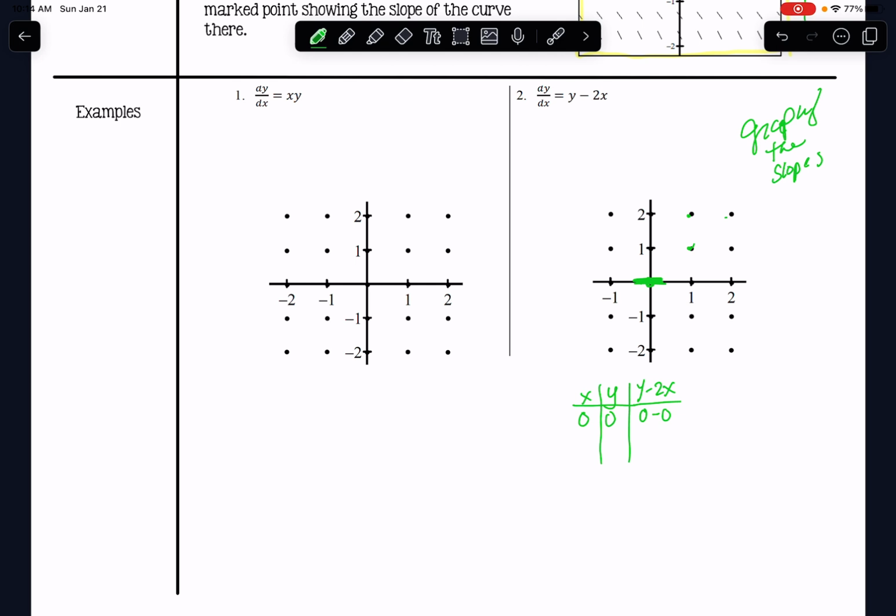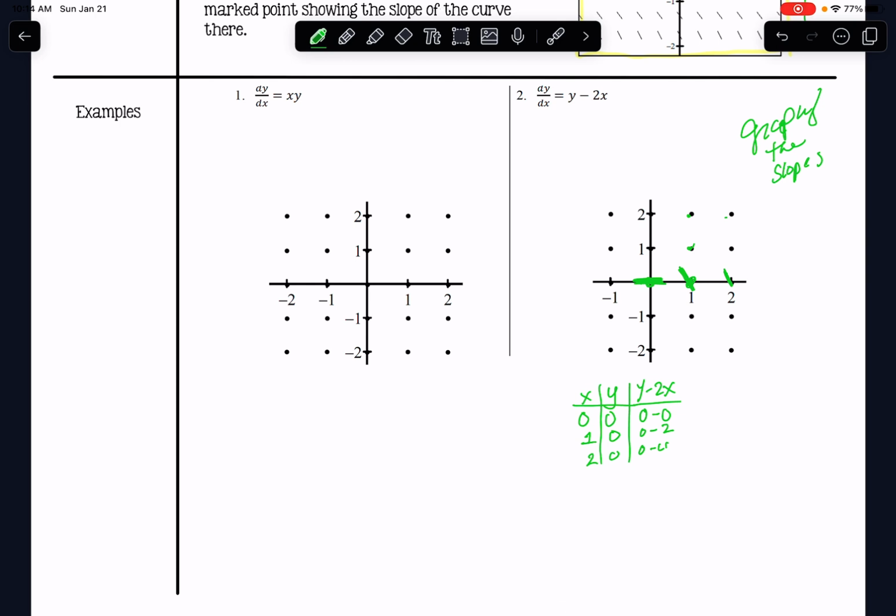Okay, so the next one I want to do is 1, 0. So 1, 0 would be 0 minus 2, so -2. So now -2 would be about like that. And then I want to do 2, 0, and that would be 0 minus 4, so even steeper for that one.